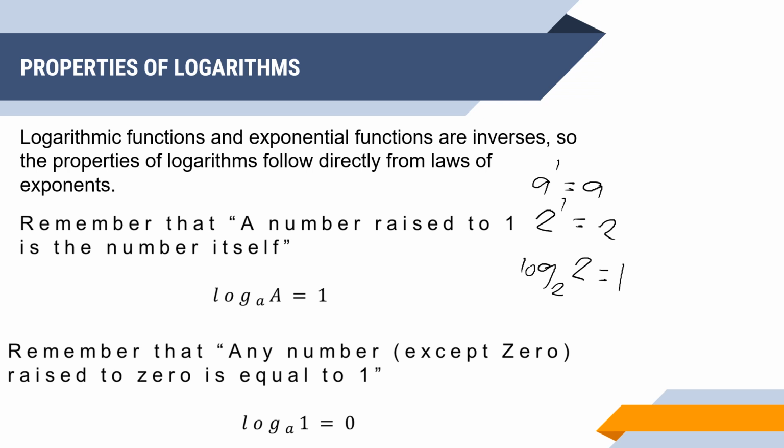The same is true here. If we have a raised to 1, that is just a. When we rewrite this into its logarithmic form, this is just log, and after the equal sign we have the a. I will write that as a big letter A to see the difference. So log of A with base a equals 1.